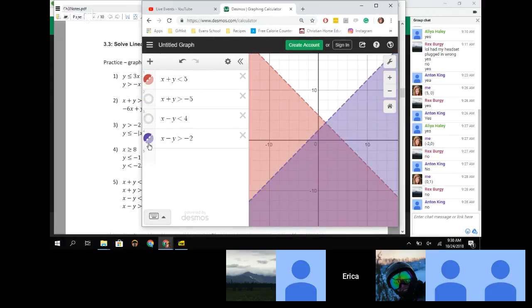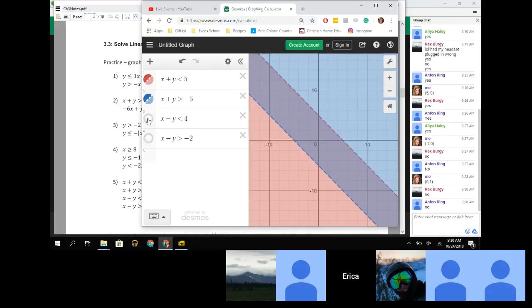What helps me when I do this is to layer them. So here's my first inequality, x plus y is less than 5. And then x plus y is greater than -5. So now the solutions that are true for both of these is basically this strip right here in purple.